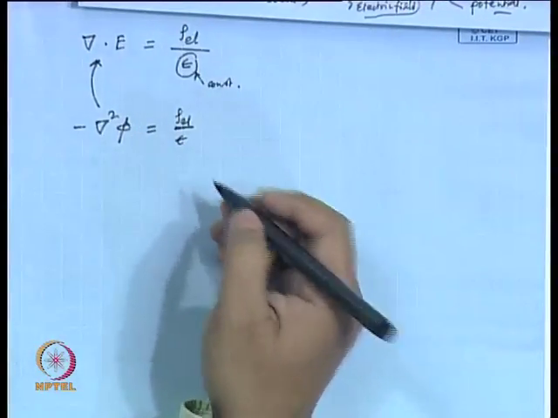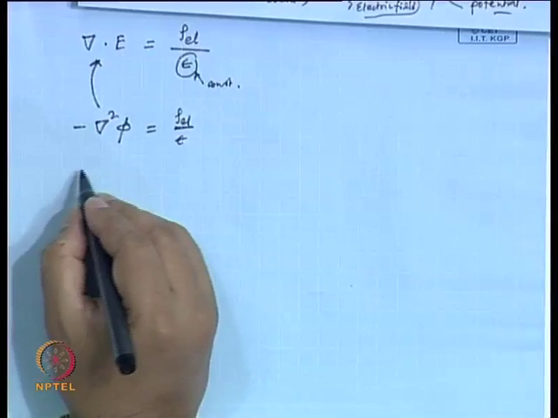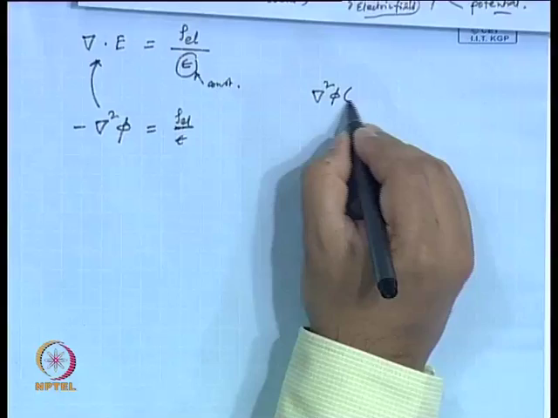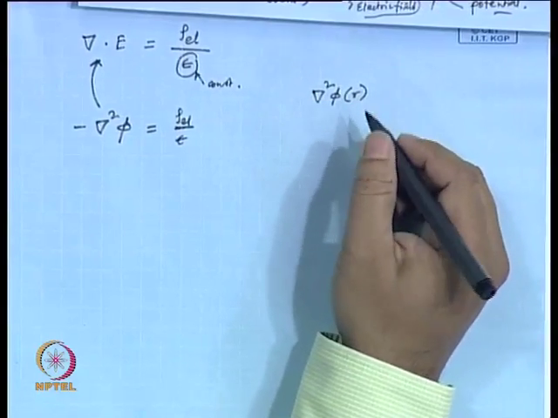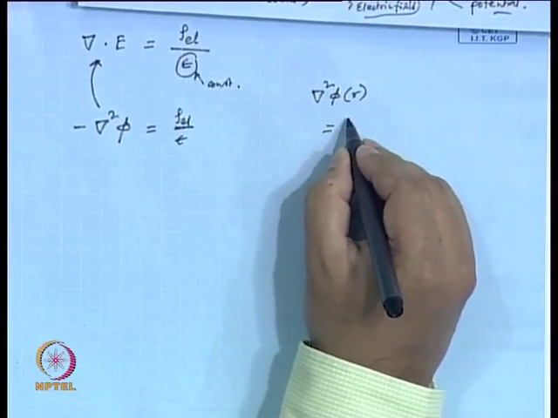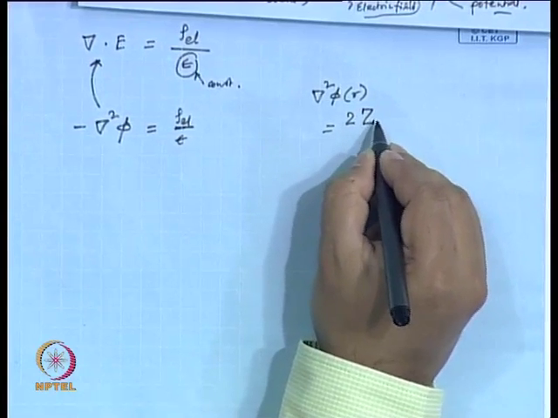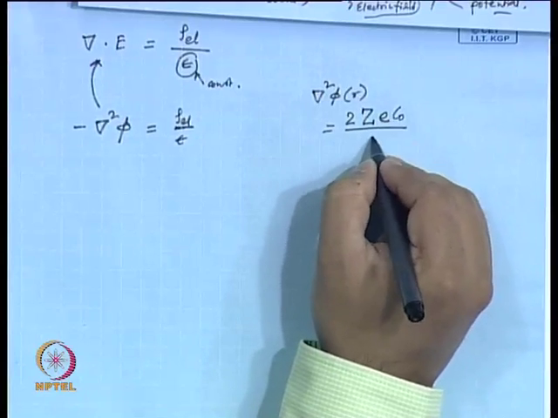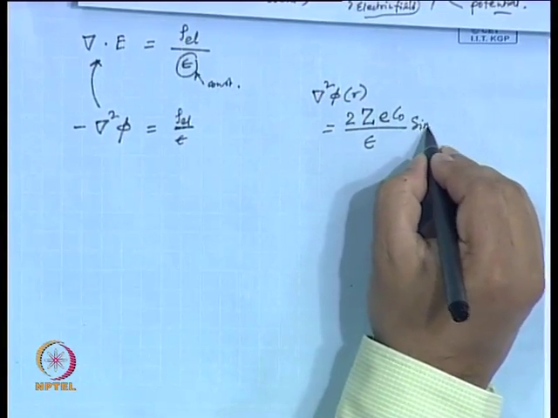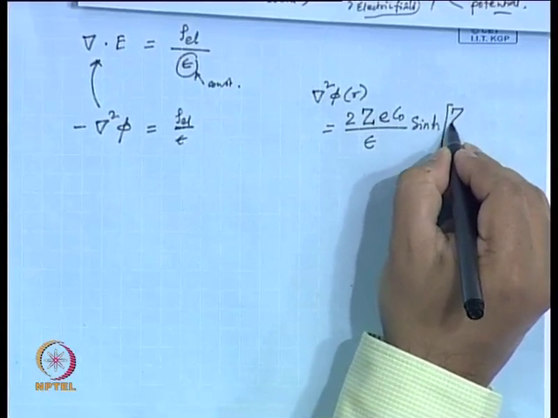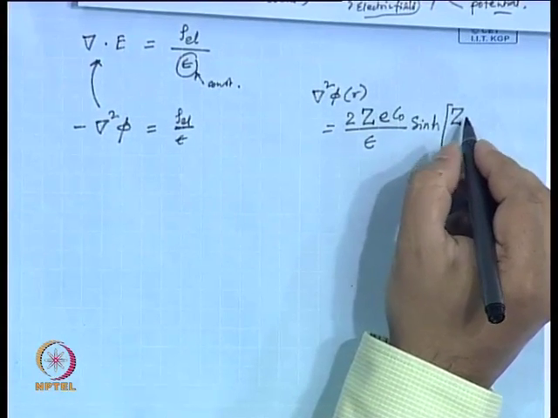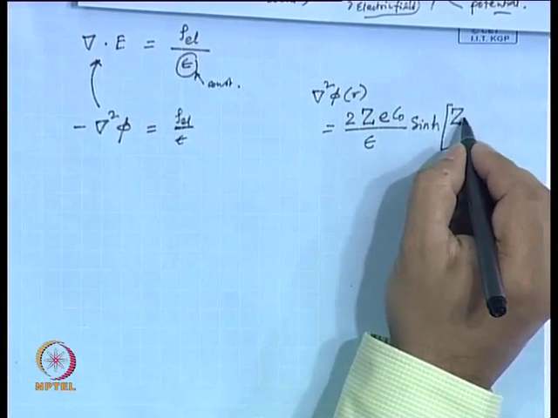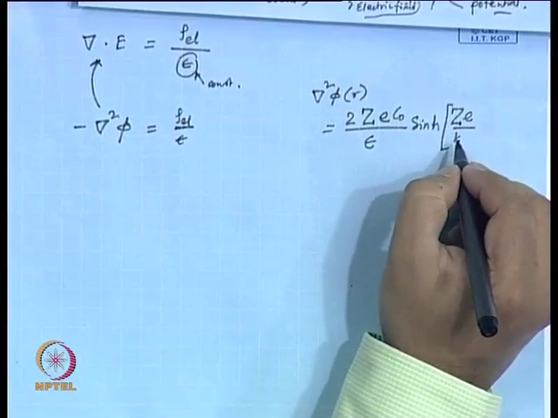So, if we use that, what we end up with is del square phi of r, for a general position vector, that is equal to 2 Z, the valence number, elemental charge e, C 0 divided by epsilon, sinh of Z e phi divided by kBT.